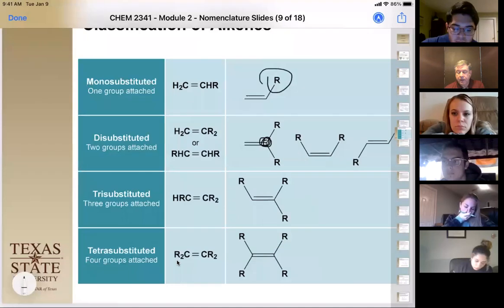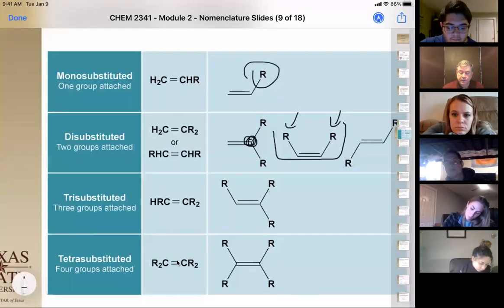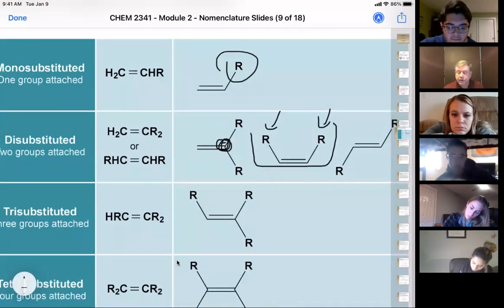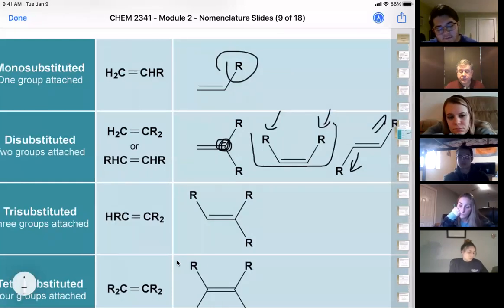You can have them on 2 different carbons, but notice how the R groups are pointing to the same side of that double bond. We would call that our cis configuration, or same side configuration. And then this is our trans configuration, where the R groups are on opposite sides of that double bond. So we have 3 possibilities for 2 groups attached.